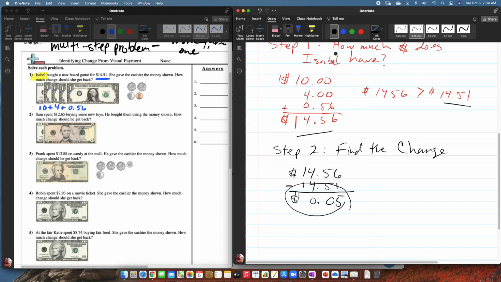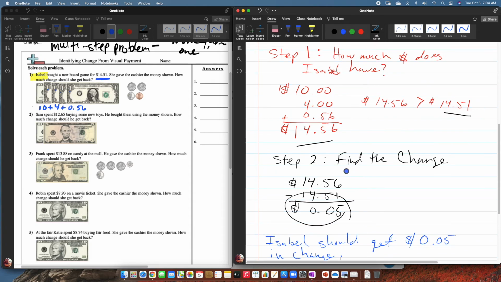So here we just figure out how much change she should get. So Isabel should get 5 cents in change. And ladies and gentlemen, that is how you're going to solve these problems.